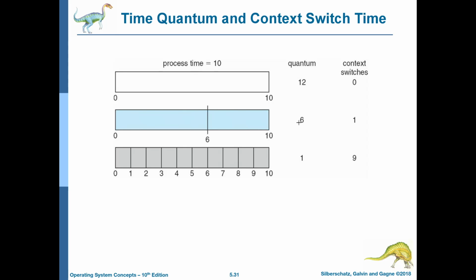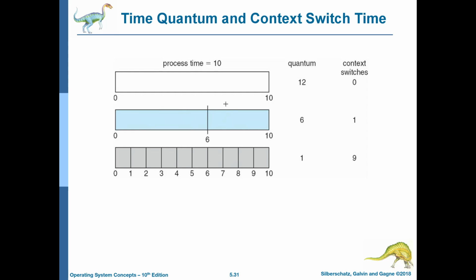If we set the time quantum to half, to 6, we get 1 context switch. But if we have the time quantum set to 1, we can see that there's a context switch every single cycle here.